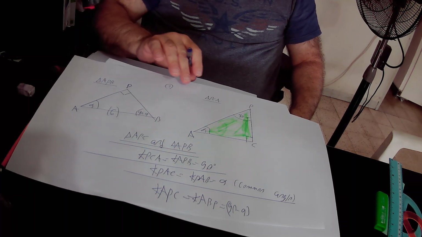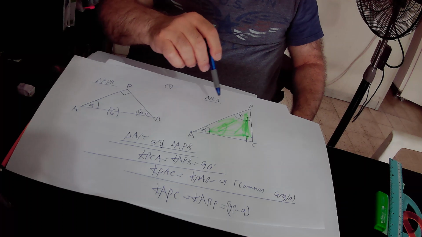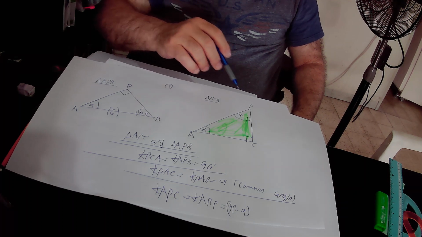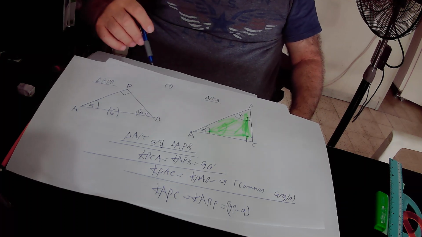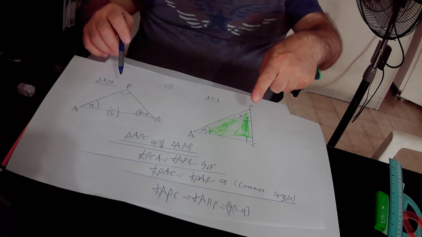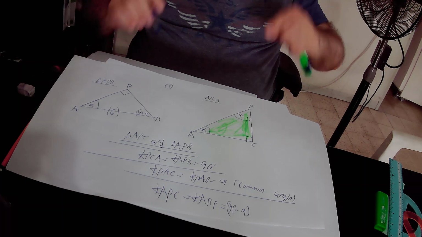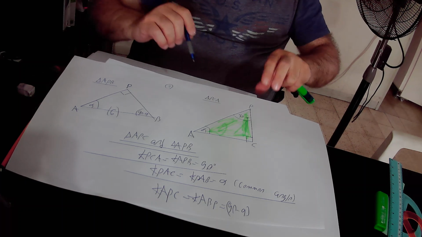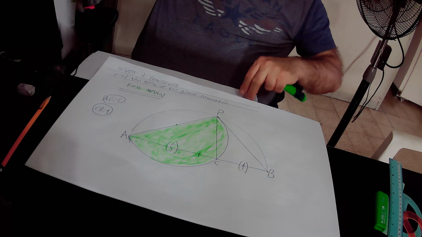So we actually found out that all the three angles in the green right triangle PCA are correspondingly equal to all the three angles in the white triangle BPA. Therefore those two right triangles are similar to each other according to the angle similarity rule. So I'll write it down.